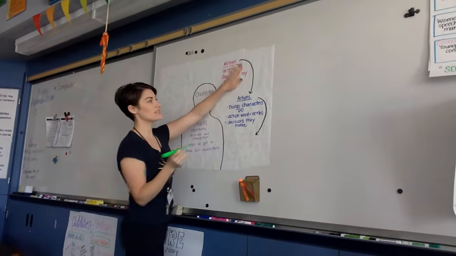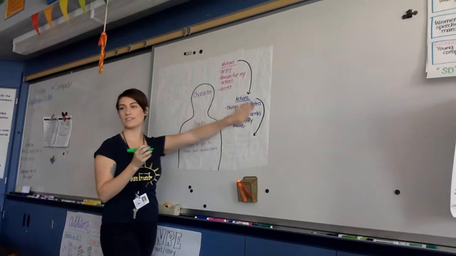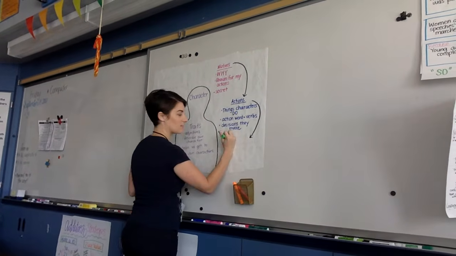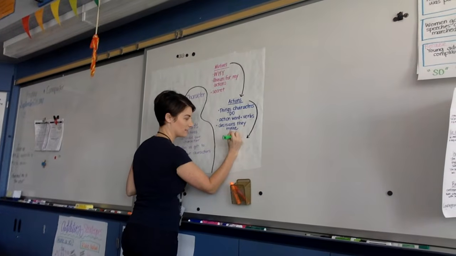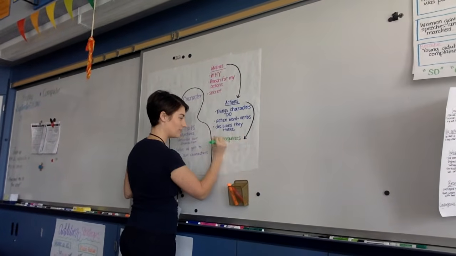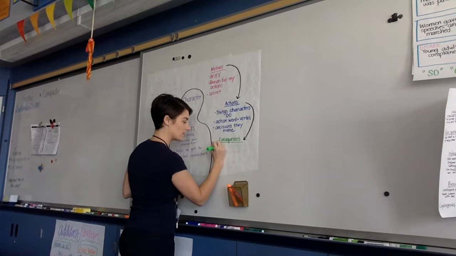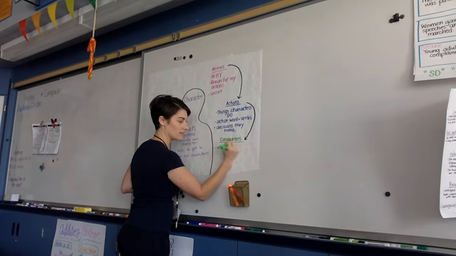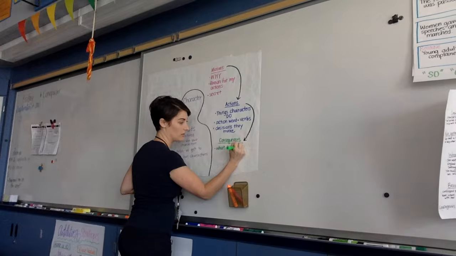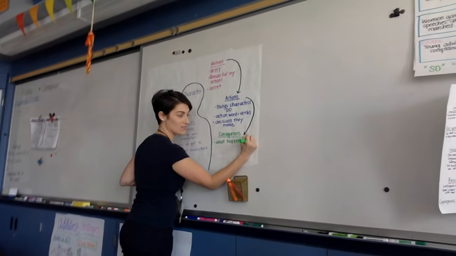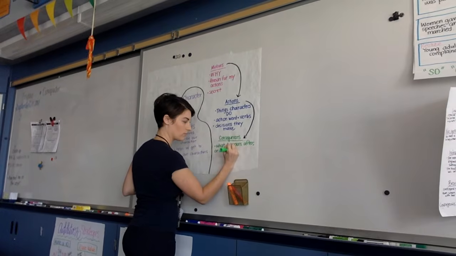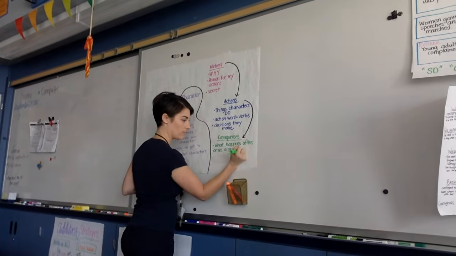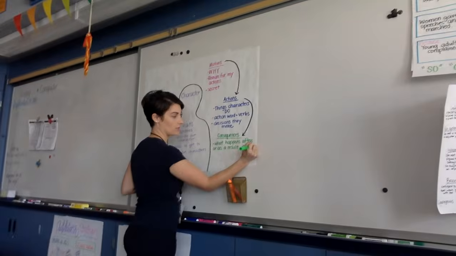So our motives lead to our actions, and our actions lead to something called consequences. Say consequences. Consequences. The consequences are what happens after, or as a result, of the action.